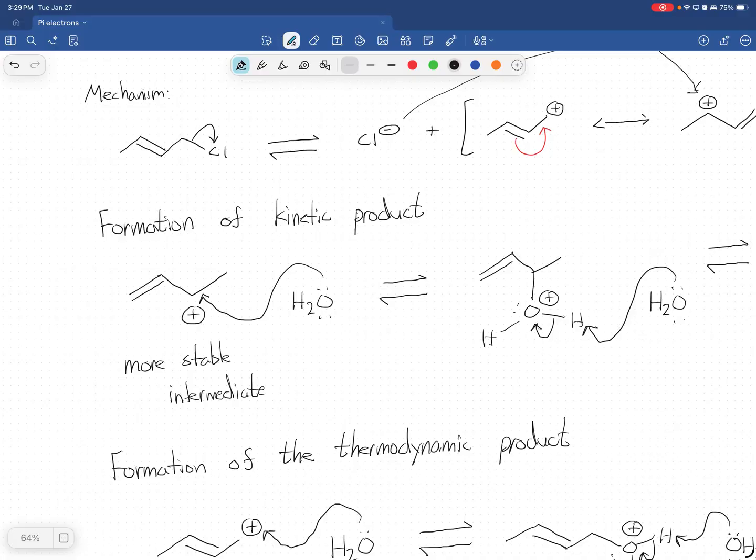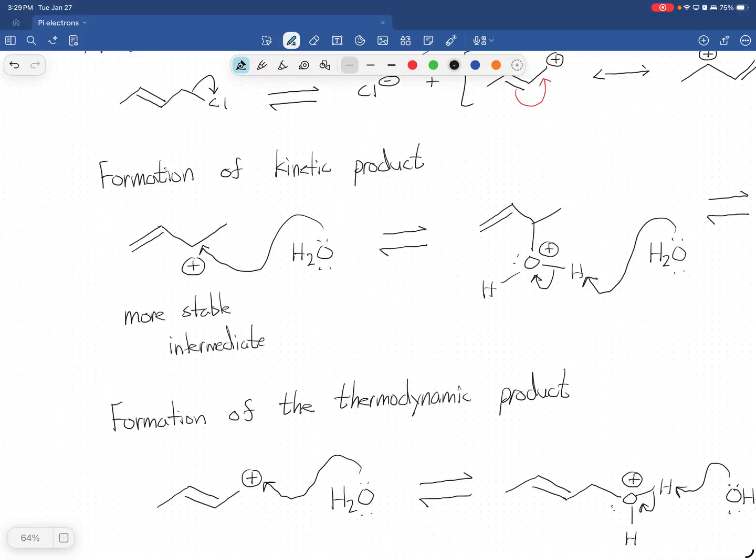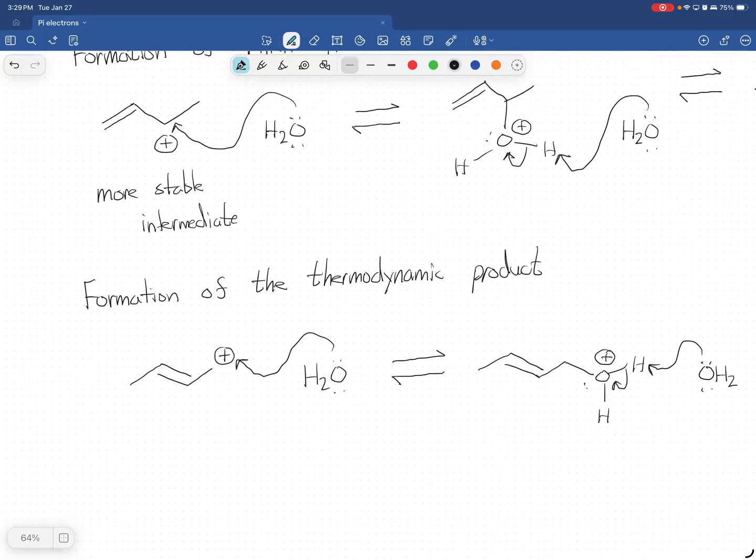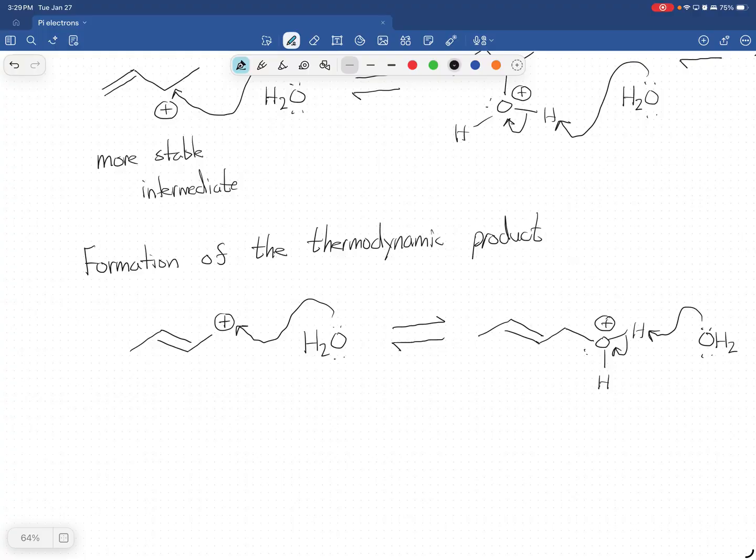So I would just say, look at the intermediates. In the kinetic product, you're going through the secondary carbocation. The thermodynamic one is still stable, it has resonance, but it's primary, right? Secondary carbocations are more favorable, so they form the fastest because they're the most stable. I know what I said before kind of counteracts that, but that's just an intermediate.